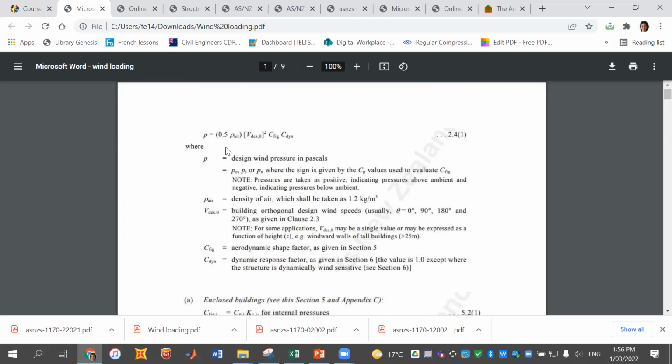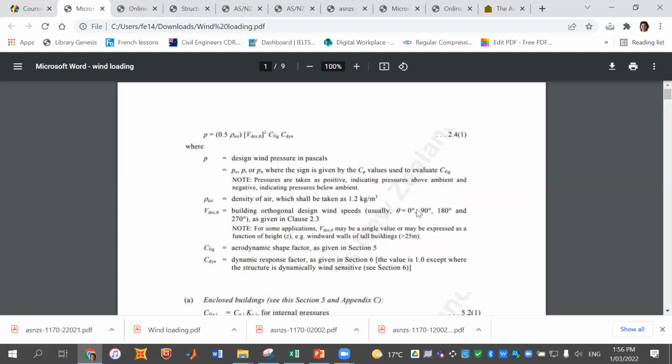For this main formula, we need rho air, which is the density of air, and is given as 1.2 kilograms per cubic meter. So you just put 1.2 here. And V_des,theta is the building orthogonal design wind speed.